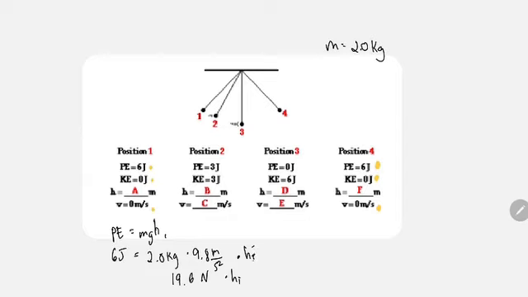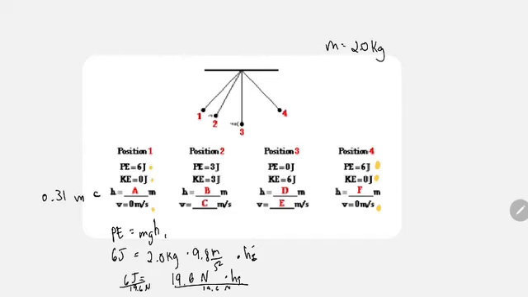Times height 1. Oh, it should be 1, not I. Height 1 equals 6 joules. We will divide both sides by 19.6. Okay. 6 divided by 19.6, height 1 is 0.31 meters.